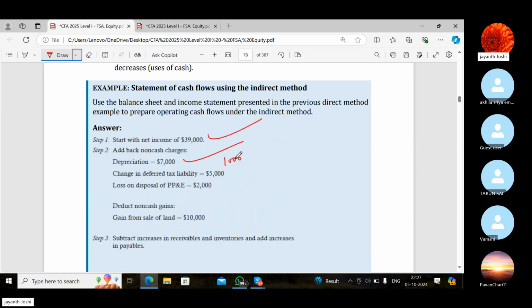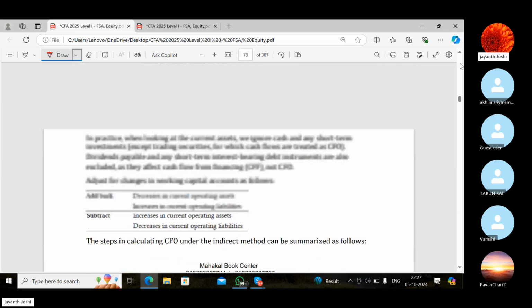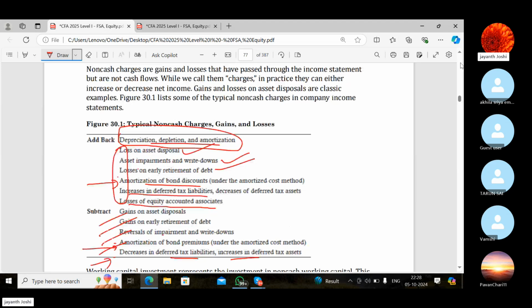You'll get the right answer, because in the format it is clearly given, losses on retirement. So we will always add the non-cash charges and also non-operating nature expenses. I'll do it and prove the right answer for you. Don't worry.